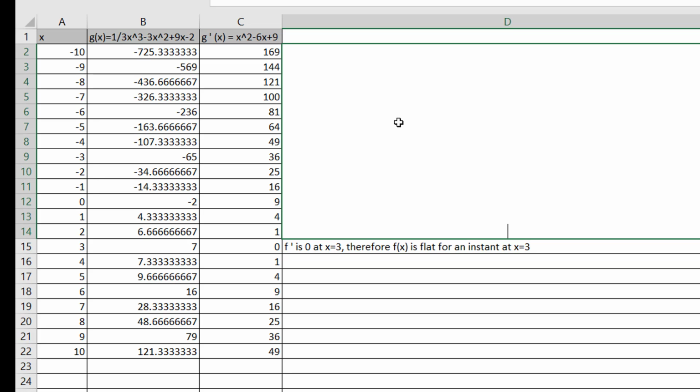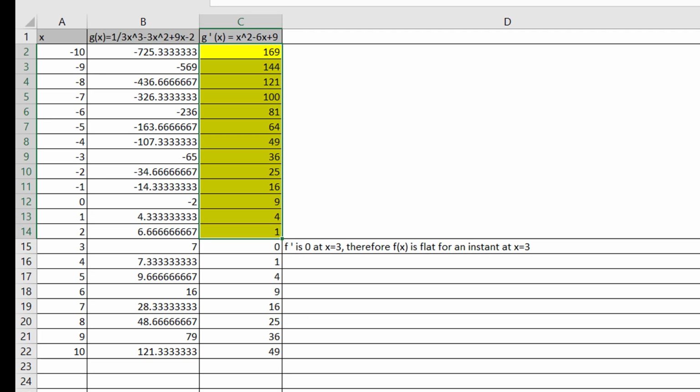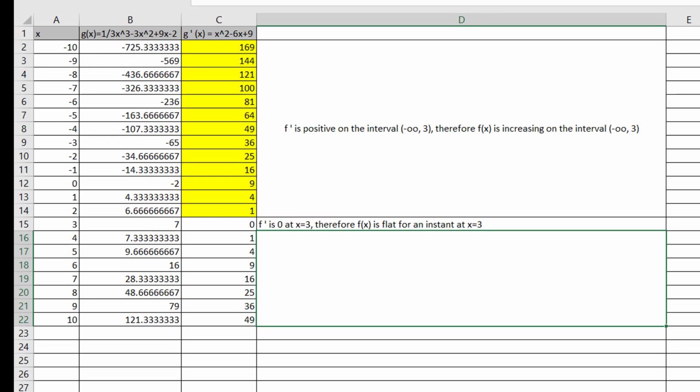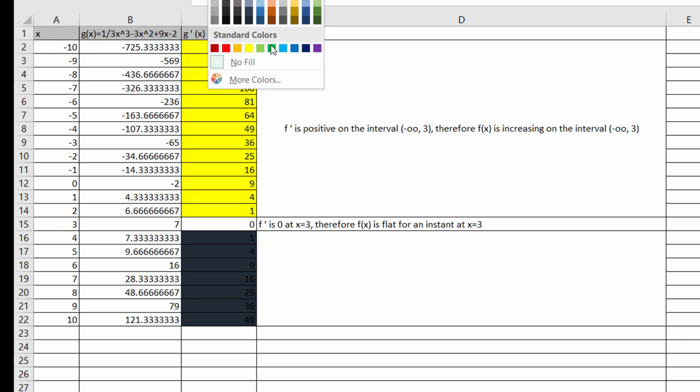We see on the interval from negative infinity up to x equals 3 that the derivative values are positive. Therefore, on the interval from negative infinity up to 3, the f of x function must be increasing. And finally, we see on the interval from 3 up to positive infinity, again, the derivative values are positive.